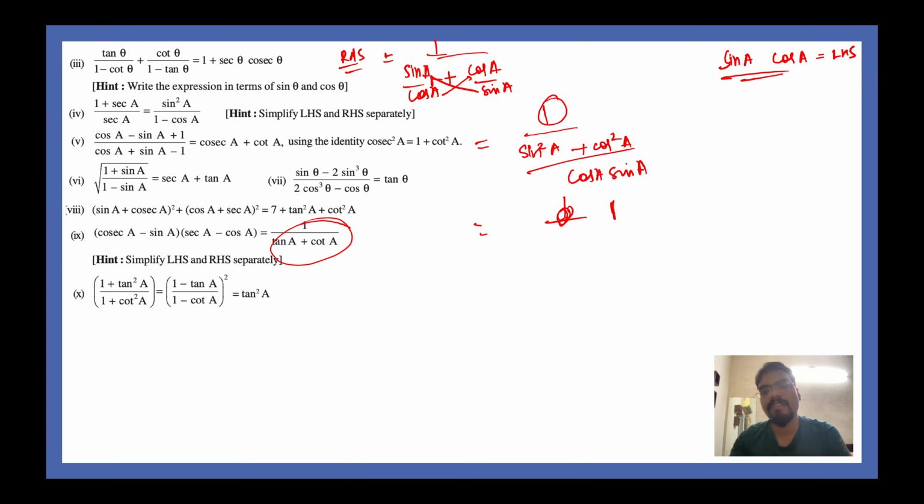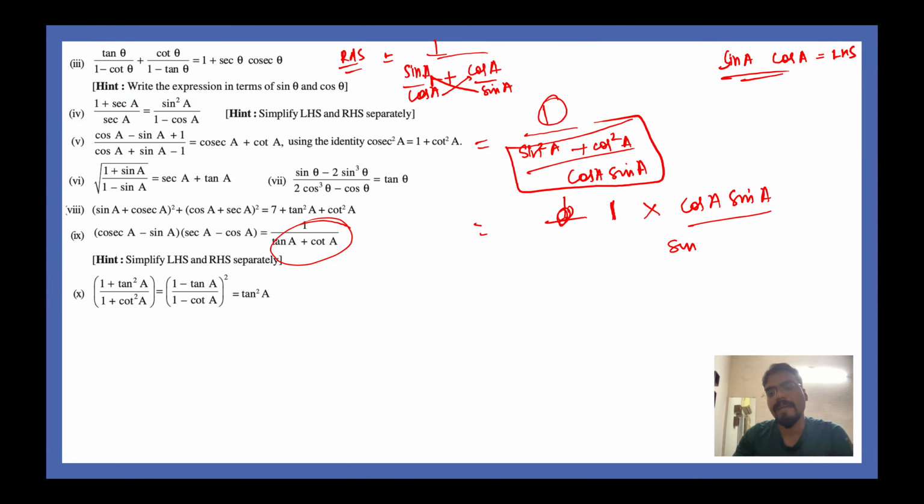Now I will take the reciprocal of the denominator and multiply it. So cos A times sine A divided by sine square A plus cos square A.